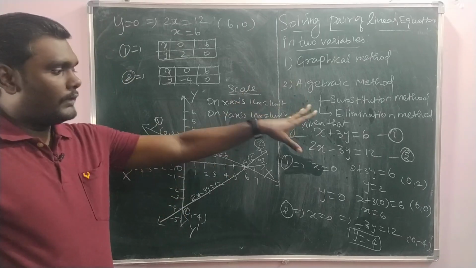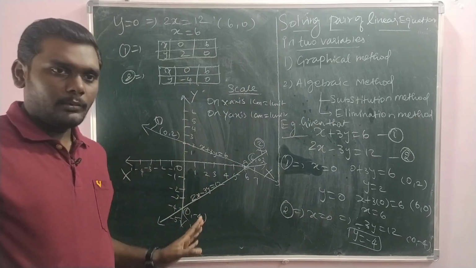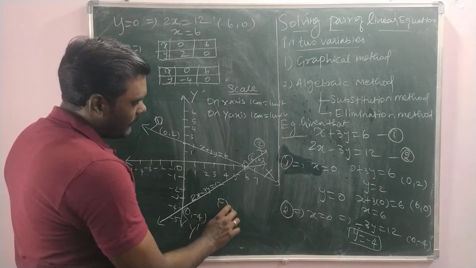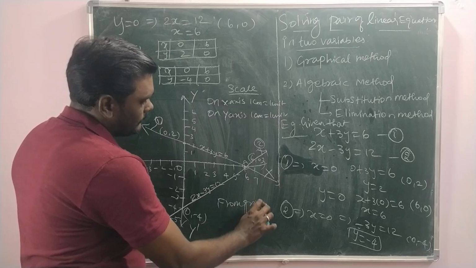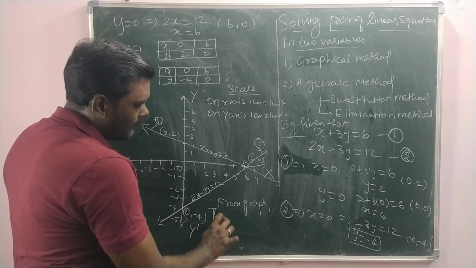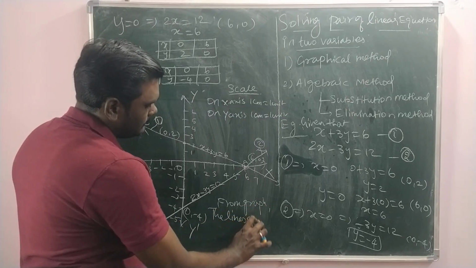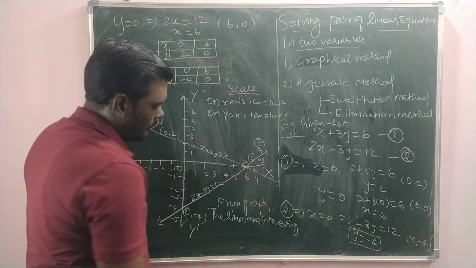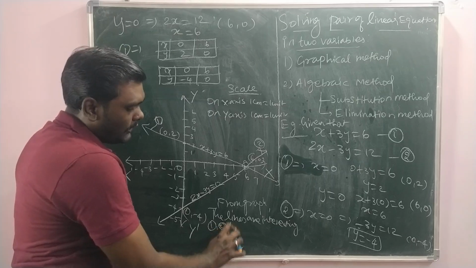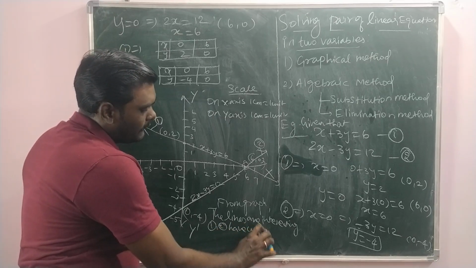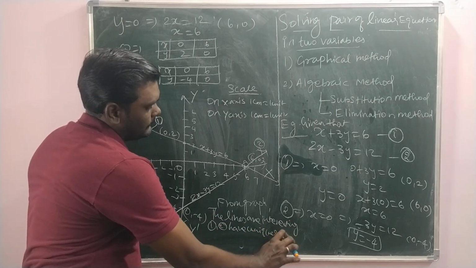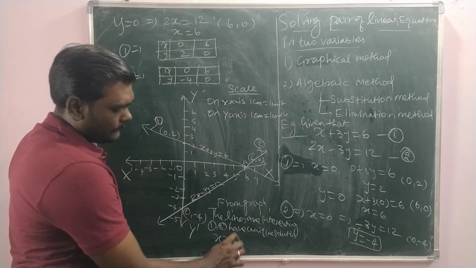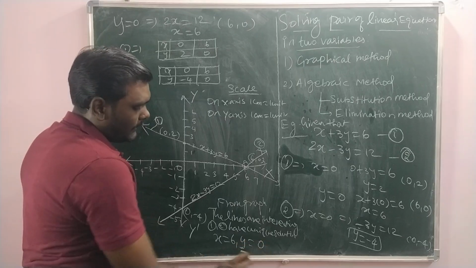Okay. Now we have written the points. We have plotted the points and connected them. We represented them graphically. So from the graph, what can we say? The lines are intersecting, so the given equations 1 and 2 have a unique solution, that is x is equal to 6, y is equal to 0.